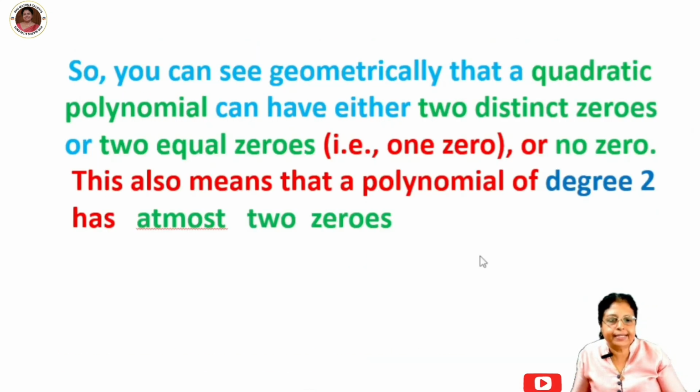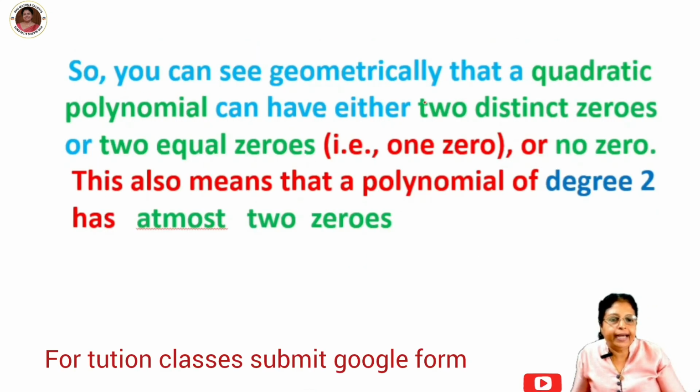That means you can see geometrically that a quadratic polynomial can have either two distinct zeros or two equal zeros, that means one zero, or no zero. That means graph is not intersecting. This means a polynomial of degree 2 has at most two zeros.